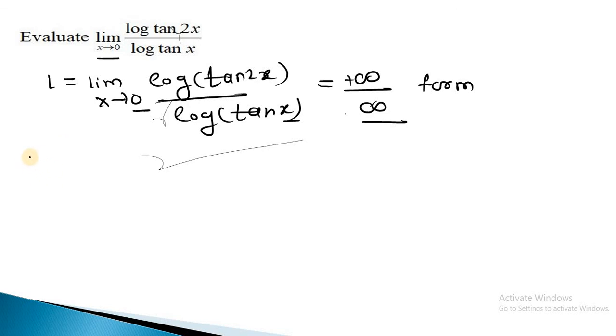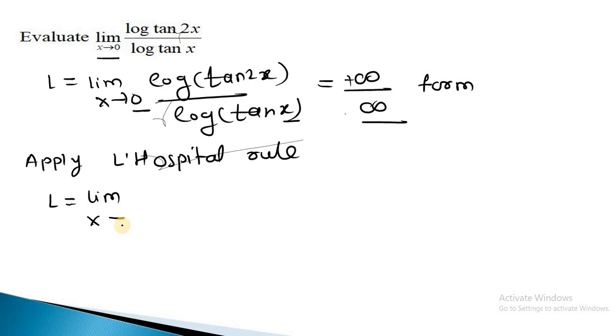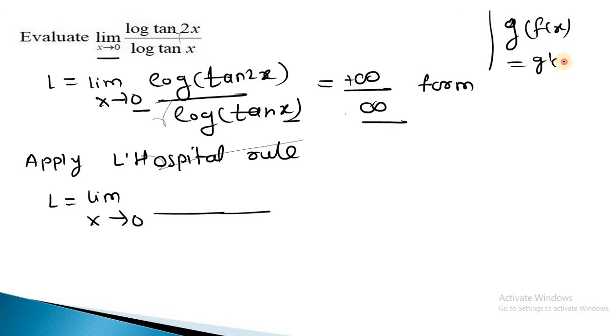Therefore we apply L'Hospital rule. So L is the limit as x tends to 0. What is the derivative of the numerator? It is of the type g of f of x, so its derivative is g dash of f of x into f dash of x, as per the chain rule.